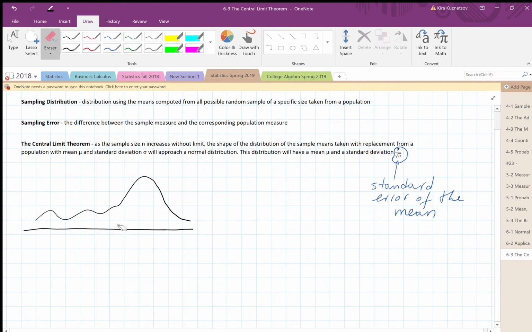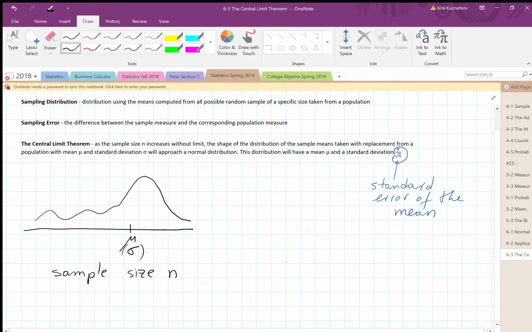Probably right around here is my mean, and a standard deviation. What the central limit theorem says is, if I take samples of size n, now it does say that n should increase without limit, which is not possible, so we have to stop at some point and actually fix an n.